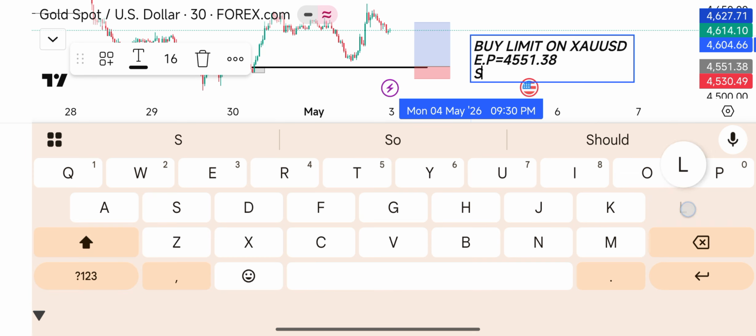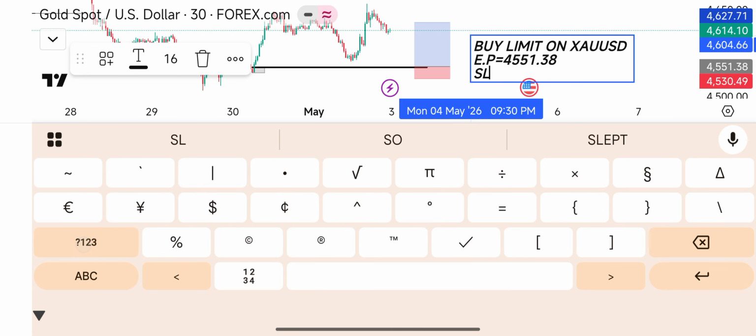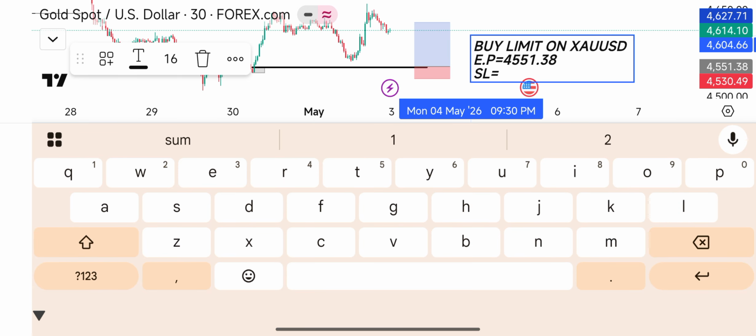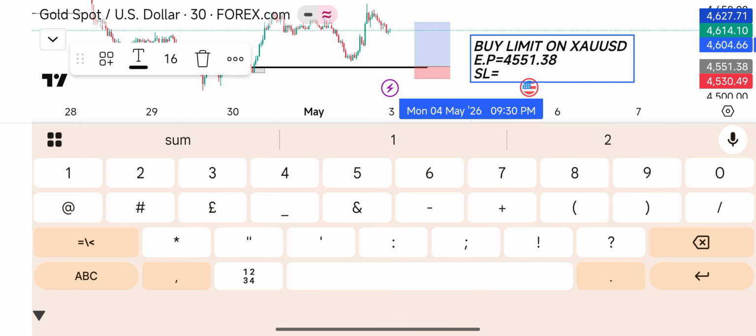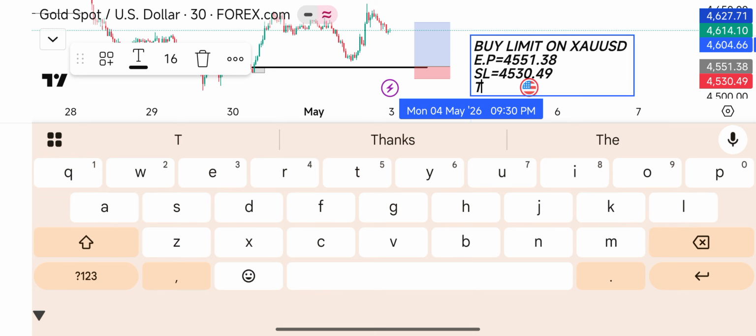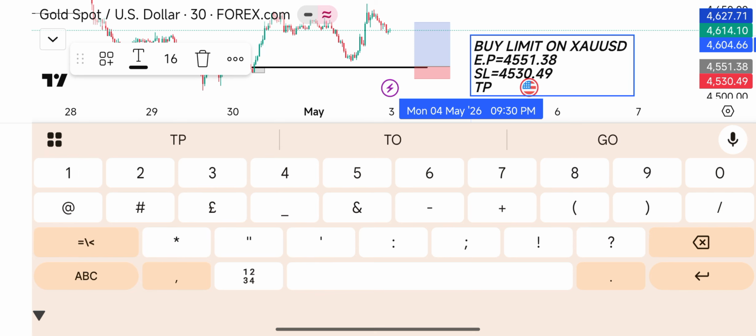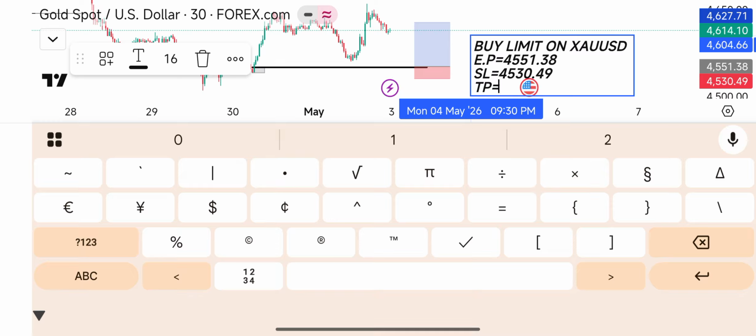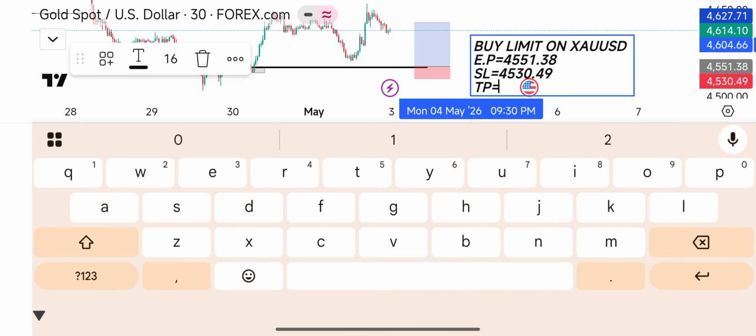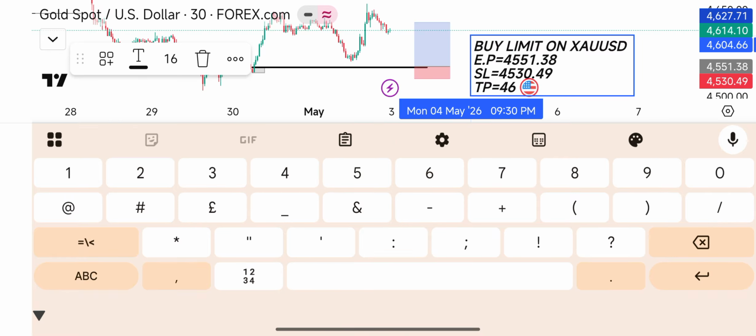Stop loss will be 4530.49. Our take profit is 4627.71.